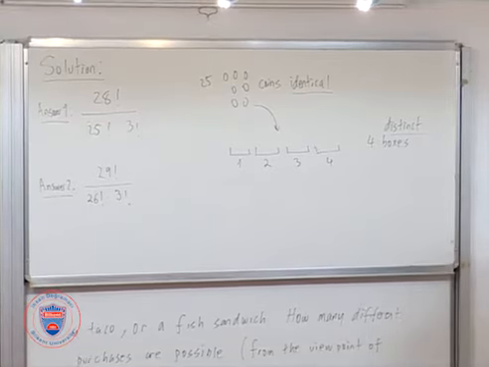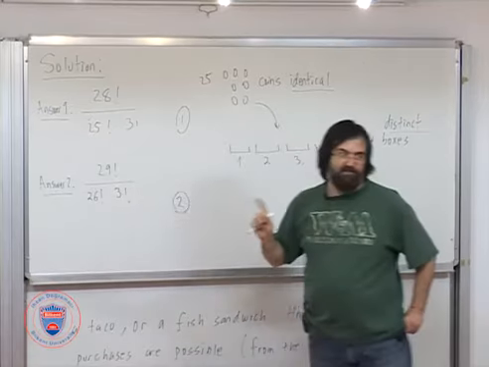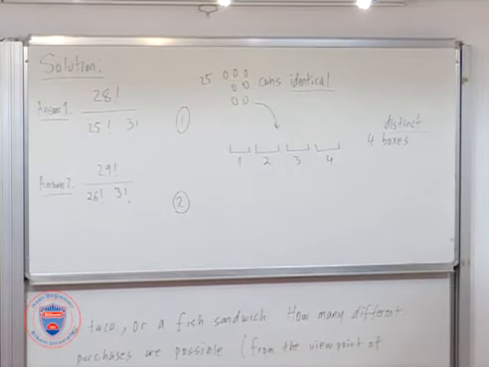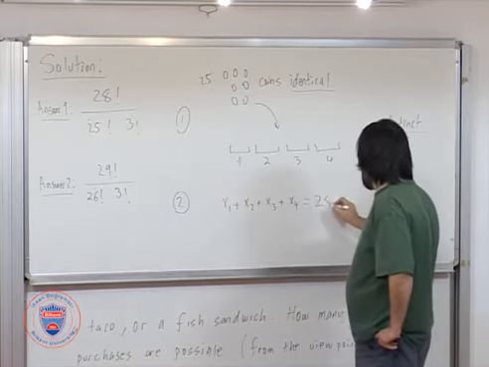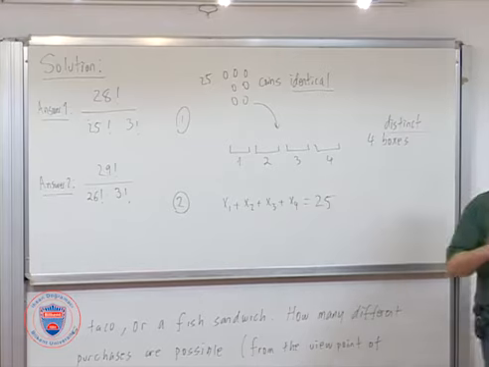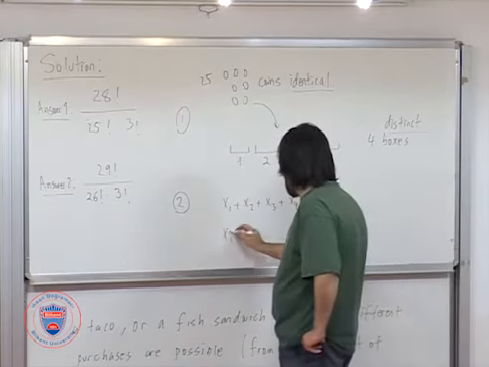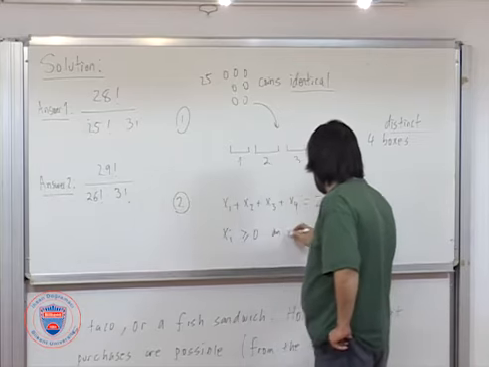Another way to see it, and this is also a very nice way to convert all these problems, I love this way, is this. Imagine you're looking at integer solutions to this equation, where you allow each x_i to be greater than or equal to 0, an integer.